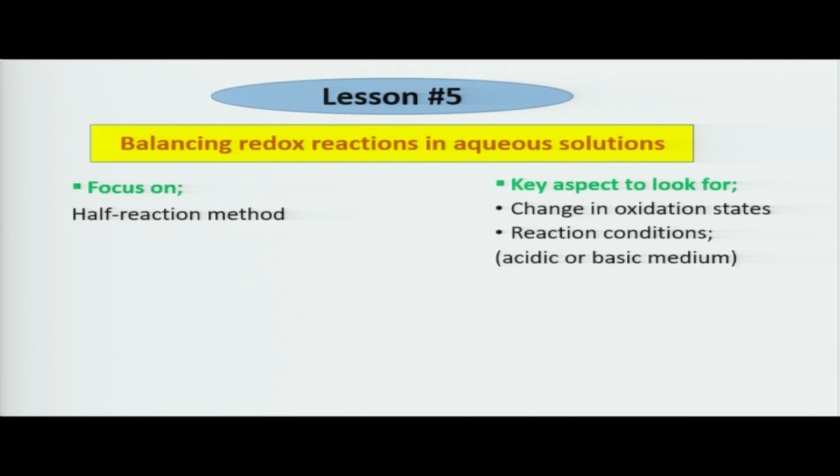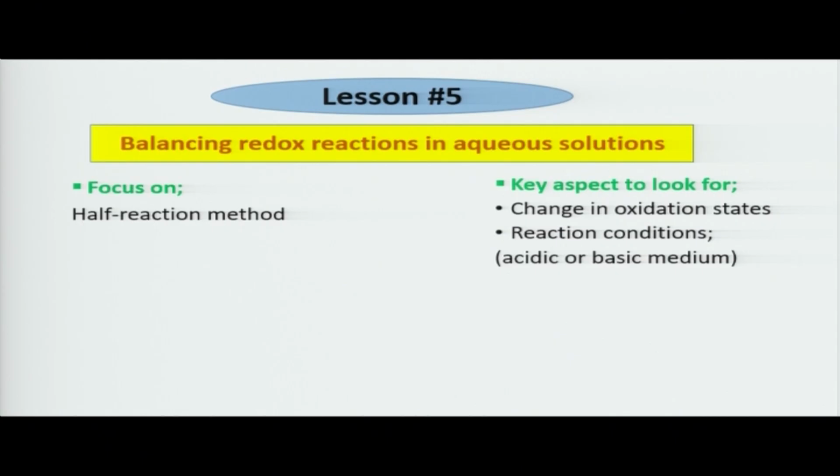We're going to be using much more of the change in oxidation states and looking in detail at the reaction conditions. Is it in neutral solution? Is it in acidic solution? Is it in basic solution? The reaction condition will tell us what to do when we are balancing the redox reaction. But the method to use is the half reaction equation method.